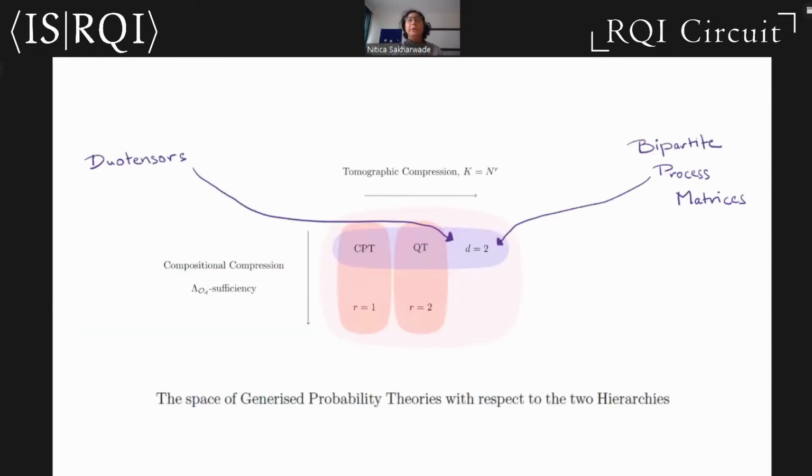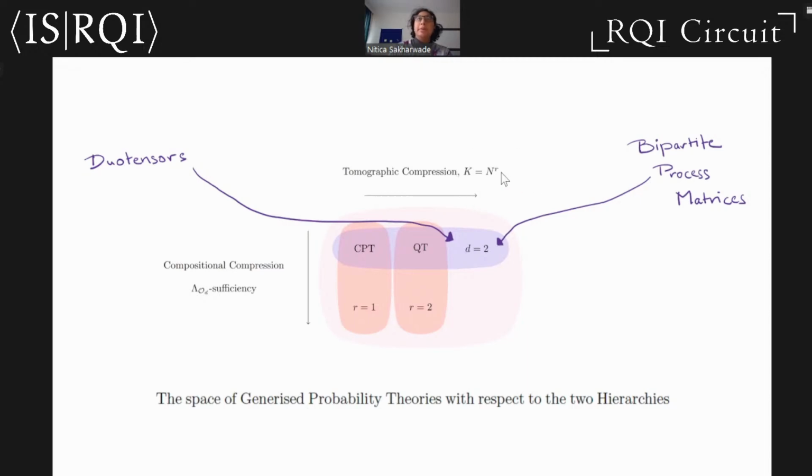And before we go into all the details, this is the picture I'm going to end with, and I would like to also begin with it, which is where all of this has led to. Using the Causaloid framework has helped classifying some theories. There is some hierarchy known as Sorkin's hierarchy, which relates the number of real parameters you need to describe some state with respect to the number of perfectly distinguishable states you can have of that system.